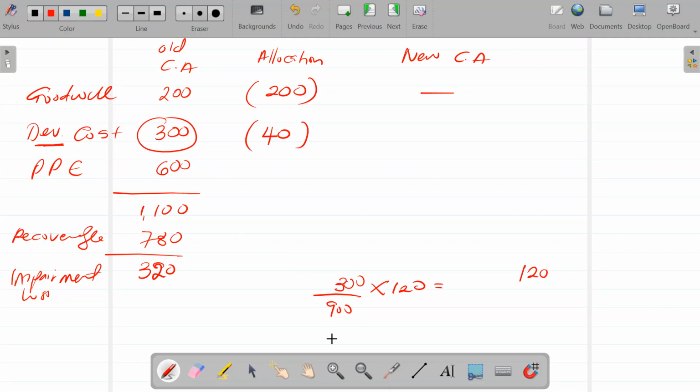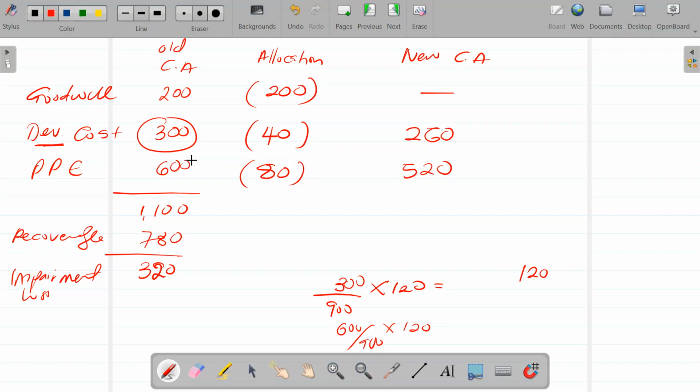Then the PPE will be 600 over 900 times 120. That will be 80, isn't it? So this will be 260, 300 minus 40 is 260, and 600 minus 80 is 520.